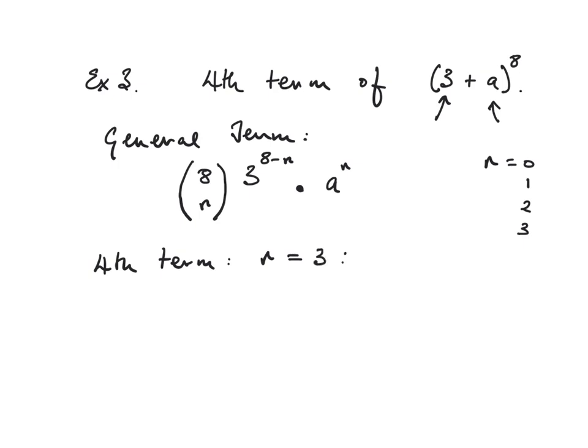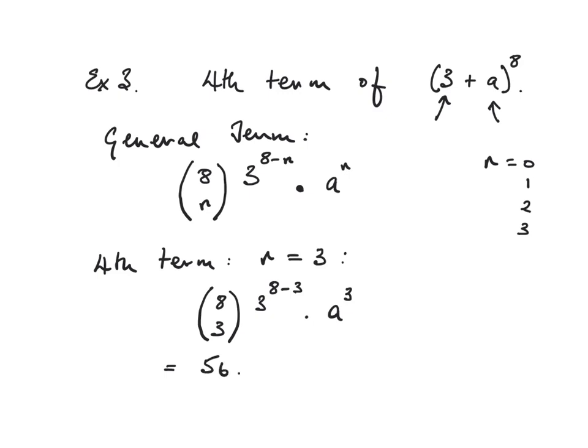Now that we have a general term, we can substitute r equals 3 in. The coefficient of the term is going to be 8 choose 3, 3 to the power of 8 take away 3, and a to the power of 3. Now, calculators: 8 choose 3 gives us 56.